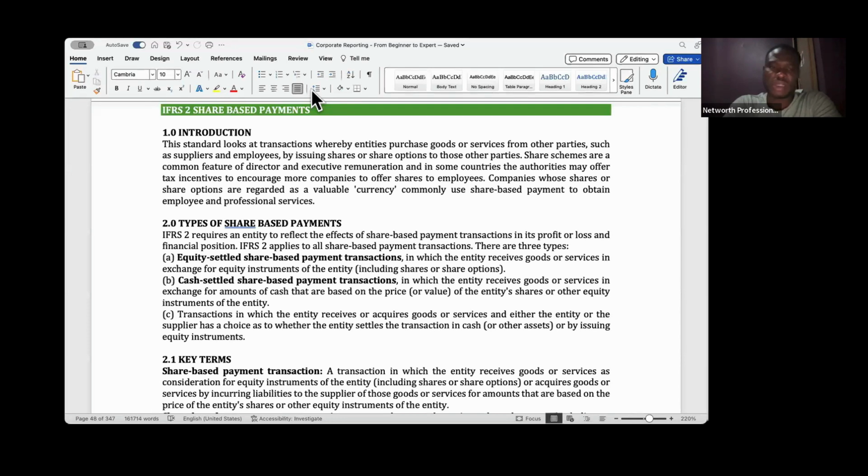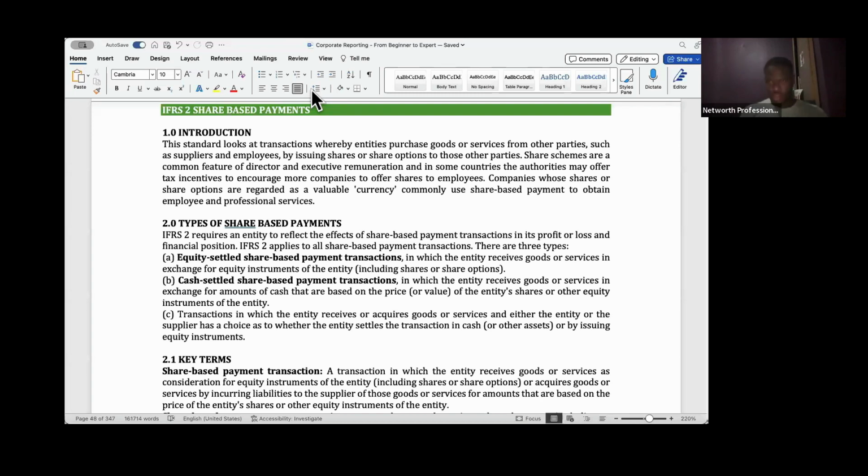And from that explanation, I told you that the origination of this standard came about when all these blue chip companies were coming up, that they were giving their employees shares in return for long-term service, that if they stay with them for many years, they would be rewarded with shares.